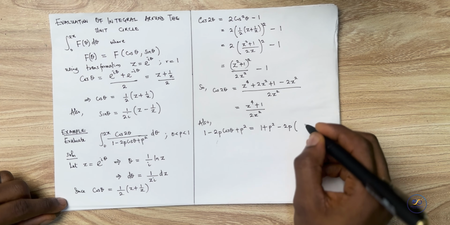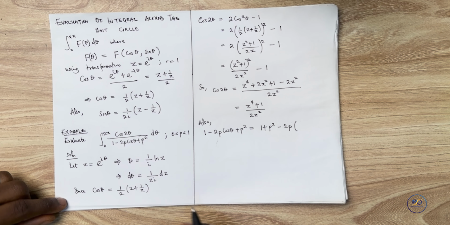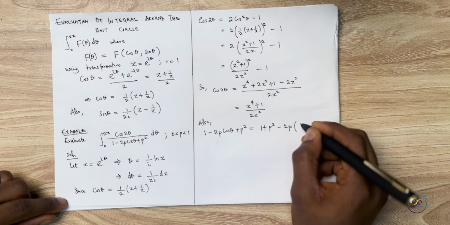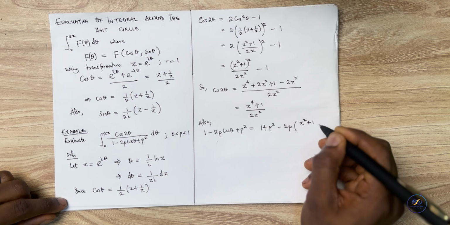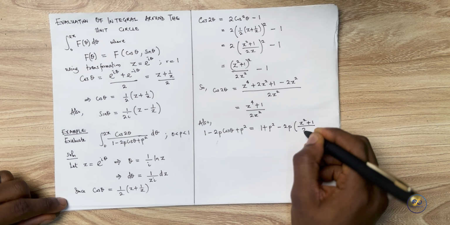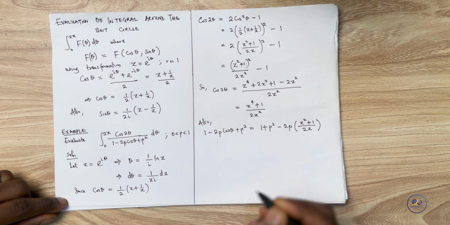We can also decide to take the LCM if you like, but in this case we would have z squared plus 1 divided by 2z. This is the representation we'll have.